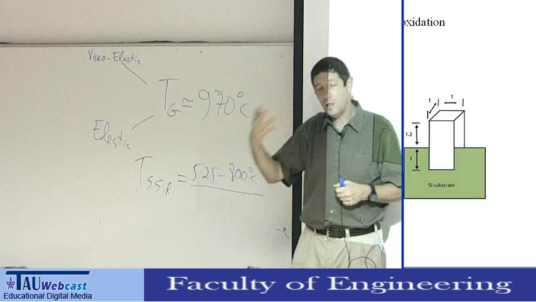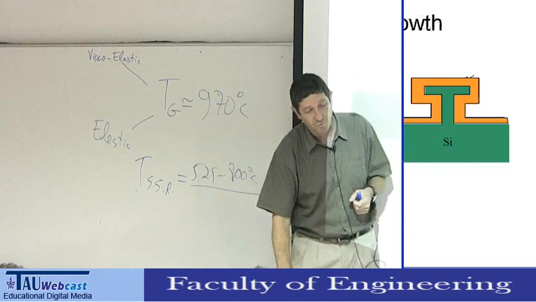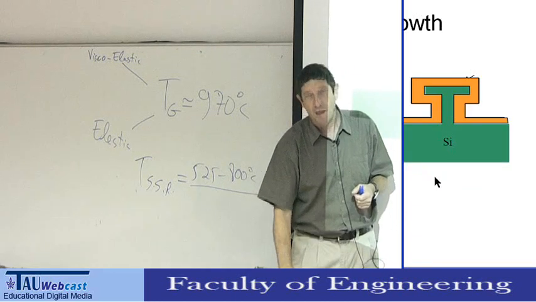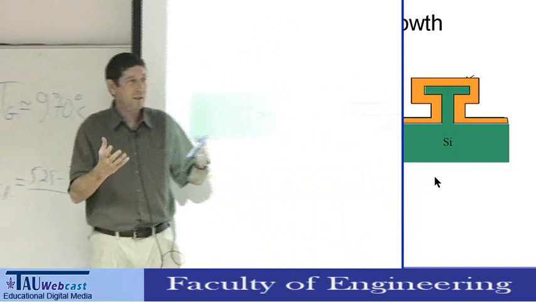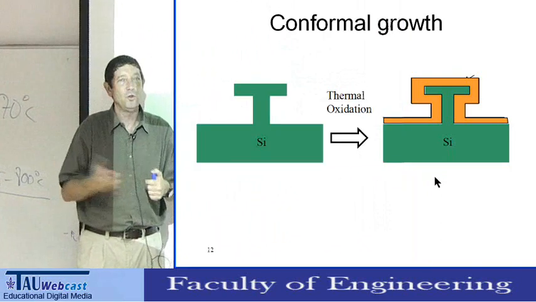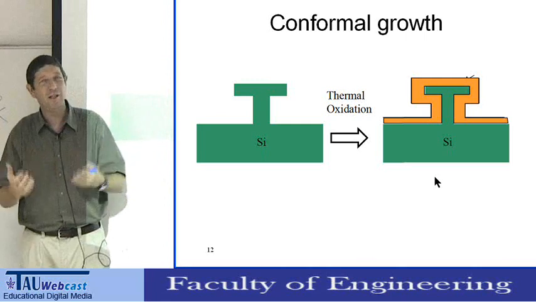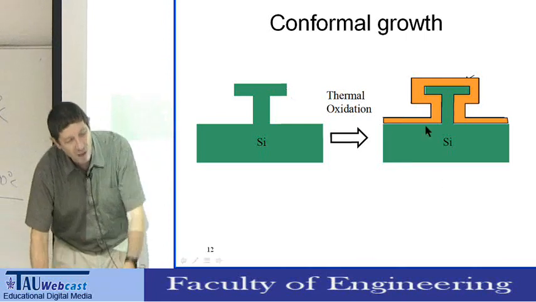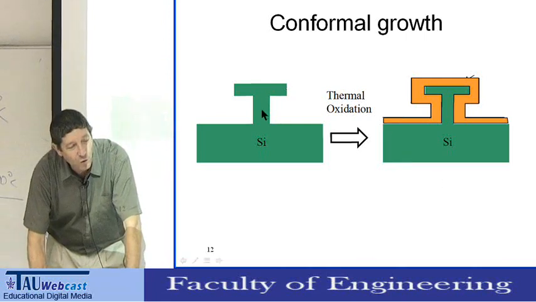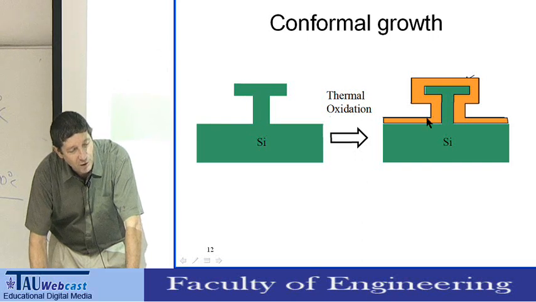So the next step is oxidation. And you can choose. I did not say that we have to choose below or above. I just say we have to take it into consideration. Now, the oxidation can be conformal. Let's say we oxidize this structure, we can grow here and here and here.